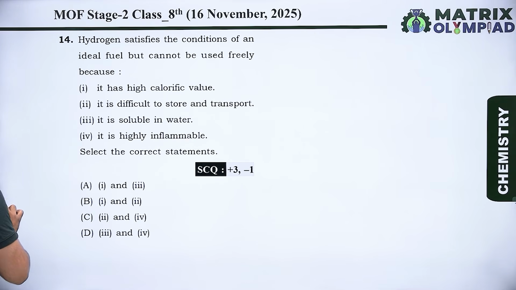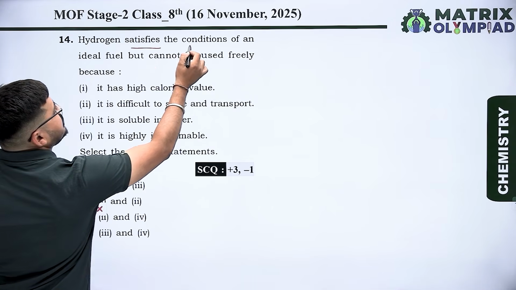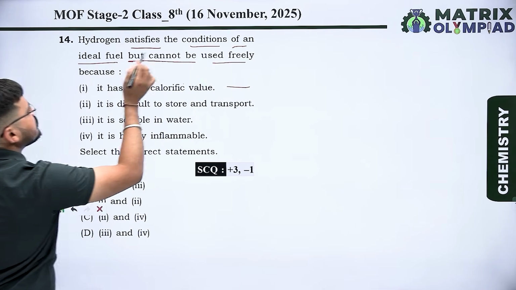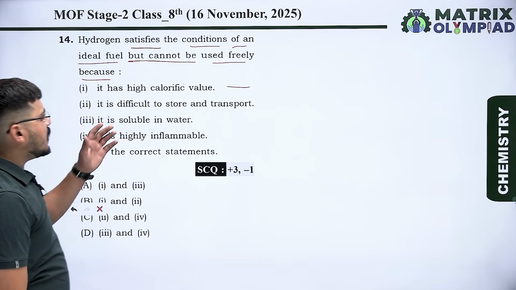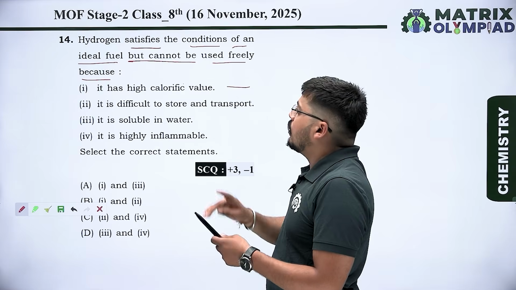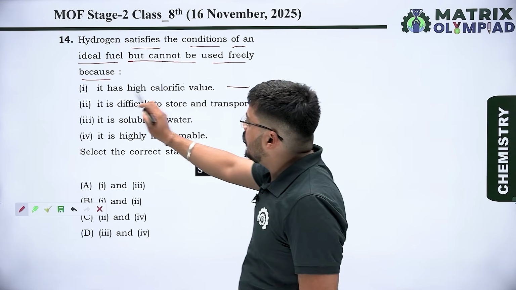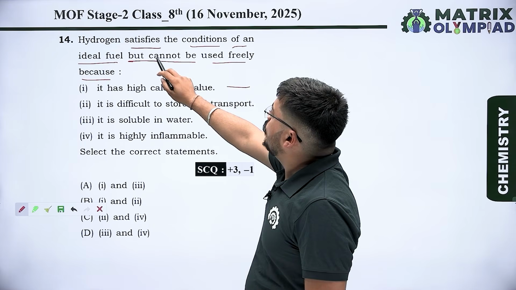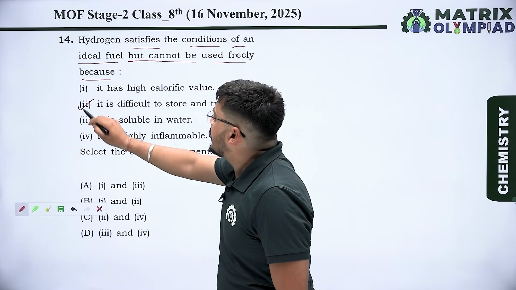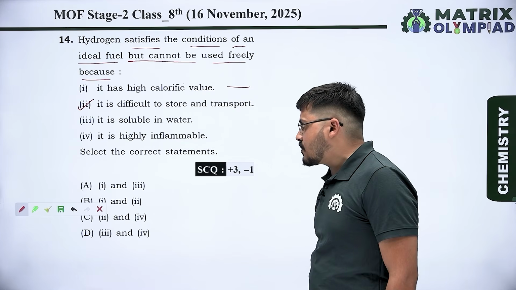Question number 14. Hydrogen satisfies the condition of an ideal fuel but cannot be used freely because it is difficult to store and transport.